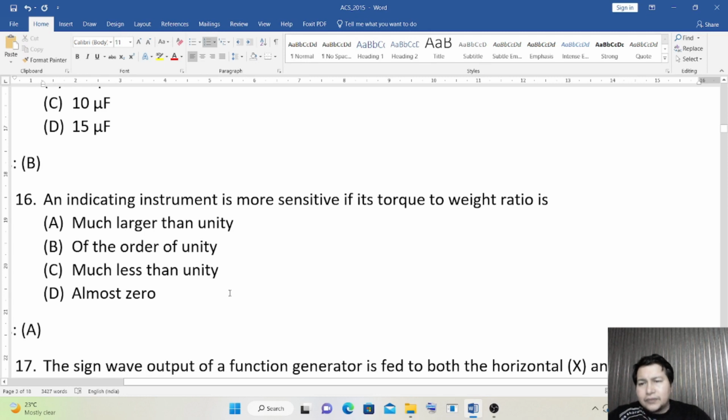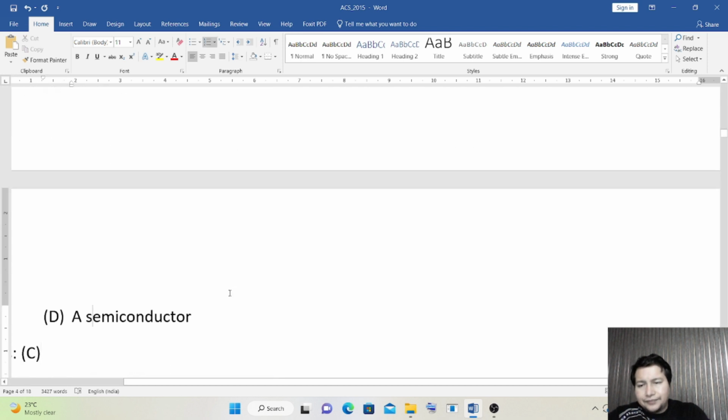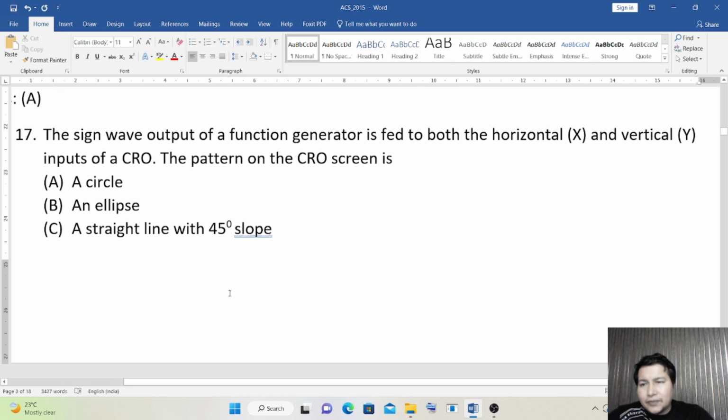Question number 16. An indicating instrument is more sensitive if its torque to weight ratio is much larger than unity, of the order of unity, much less than unity, almost 0. So correct option will be much larger than unity. Question number 17.